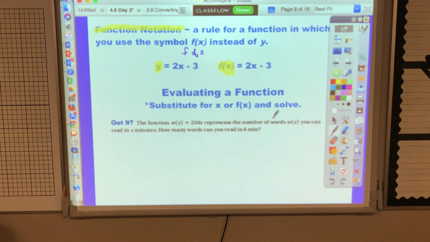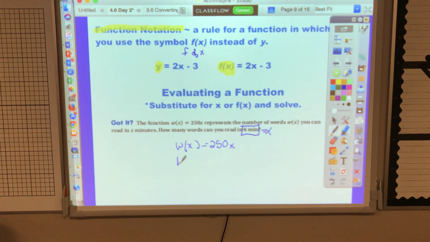So they first wanted me to write a rule in function notation, or they already wrote me the rule in function notation. They want me to solve that rule with an input of 6 minutes. So I have w of x equals 250x. They're telling me right here that x is 6 minutes.